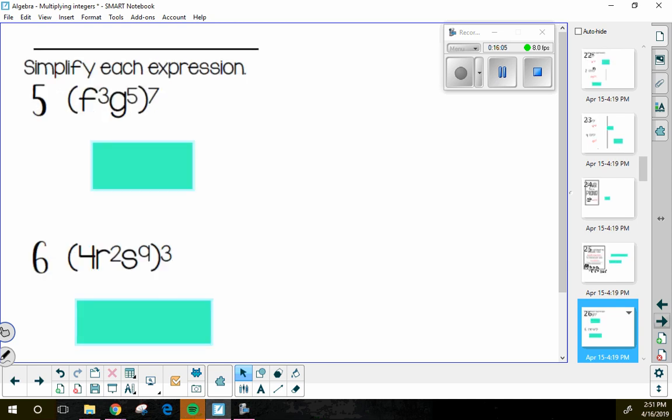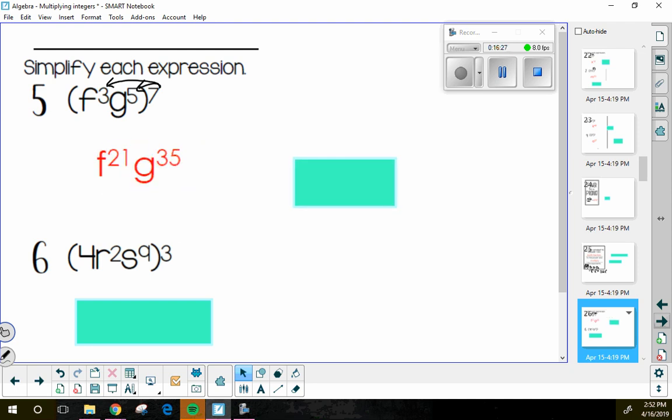Here we go. Let's practice some. So on this first one, it's in the parentheses, everybody gets a 7, and it turns out to be a power to a power. You get a 7, and you get a 7. And so now I have f to the what? 21, and g to the what? Yes. f to the 21, g to the 35.